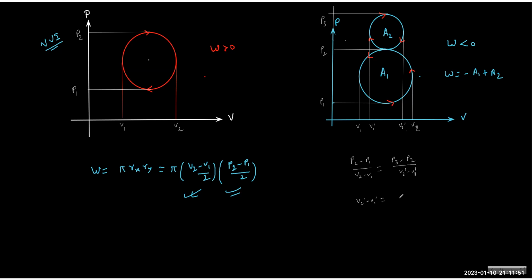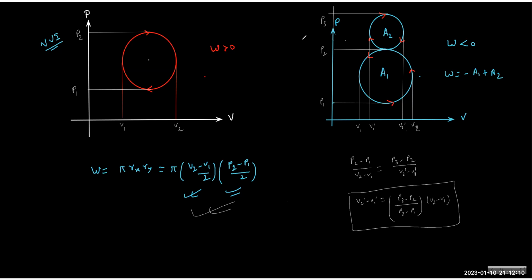So sometimes you have to use this relation, and then you have to find the area of each graph separately by the same method. Yeah, the formula remains the same. If it is a circle, it is the same.